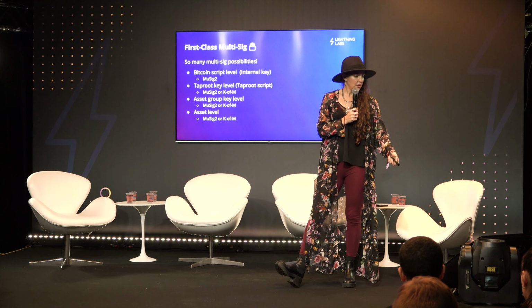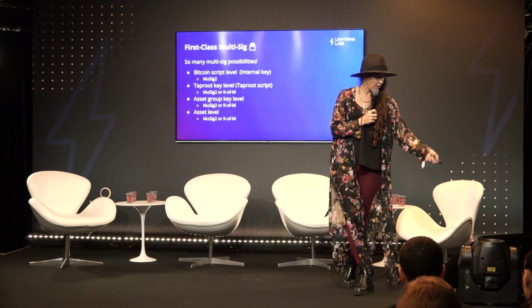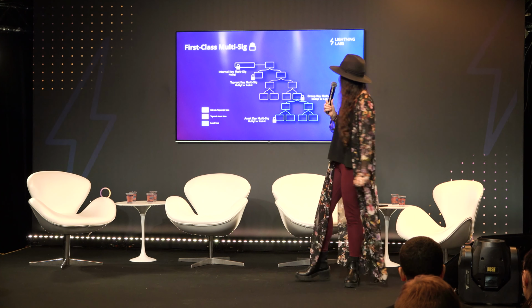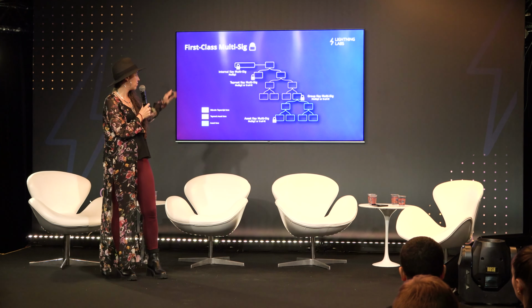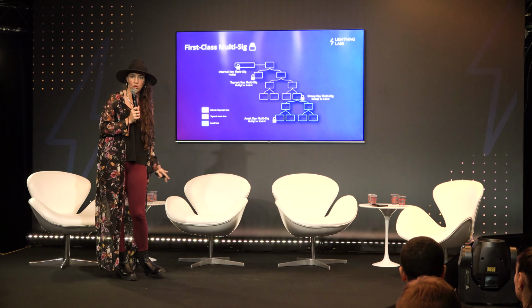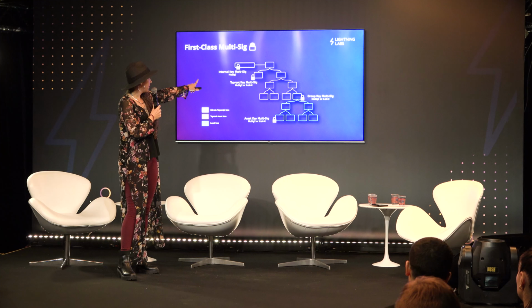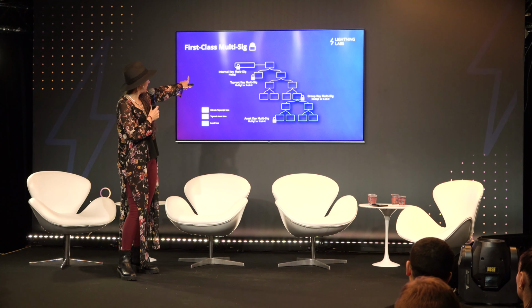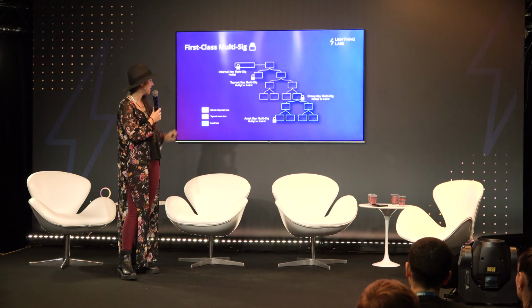All right, if you're not super familiar with the protocol, this picture might look a bit odd to you, but basically the Taproot Assets data structure is like a set of Merkle trees, right? And if you're familiar with the Taproot upgrade to Bitcoin, we have an internal key. We can do multi-sig there, and then at the TapScript level, we can do some multi-sig as well.